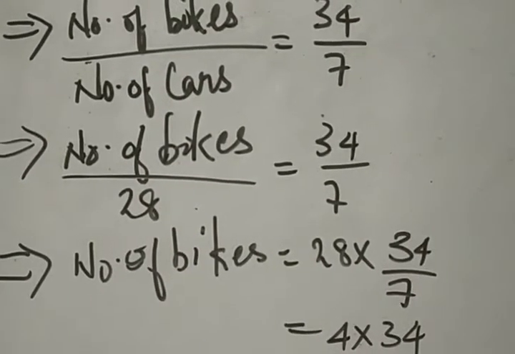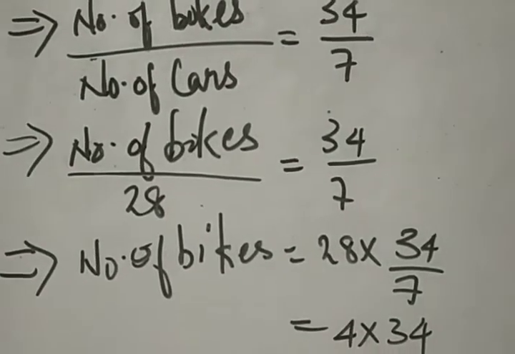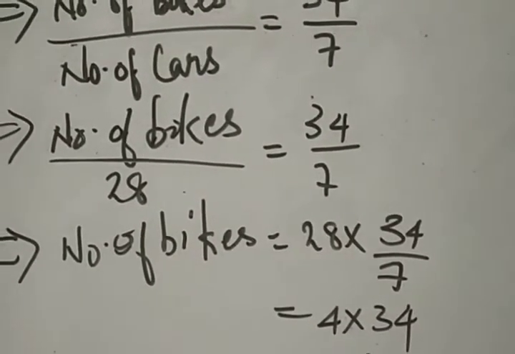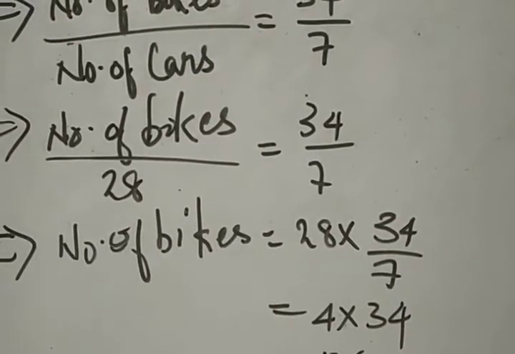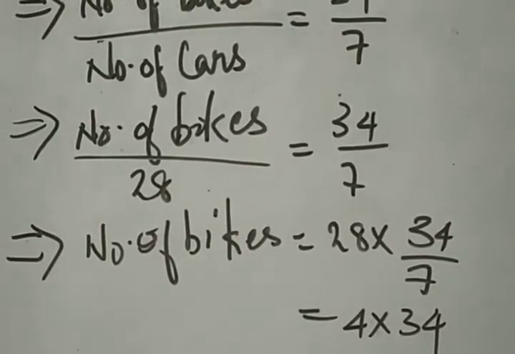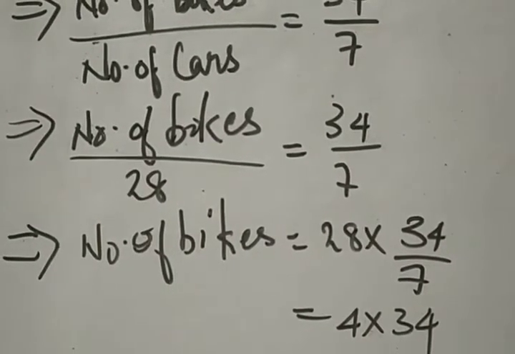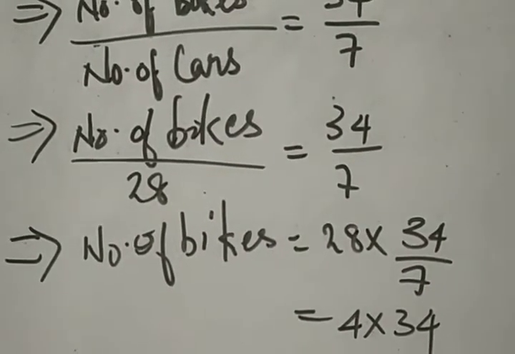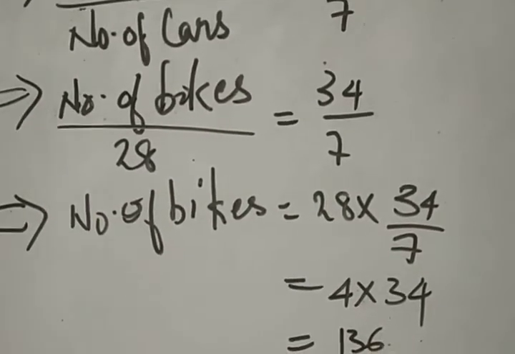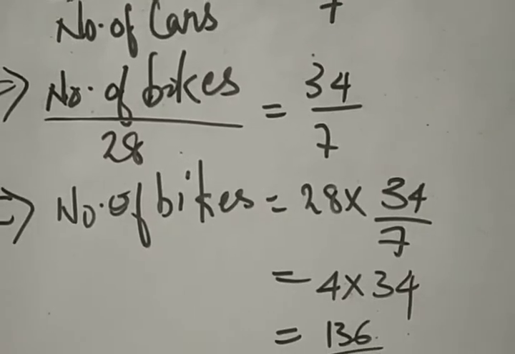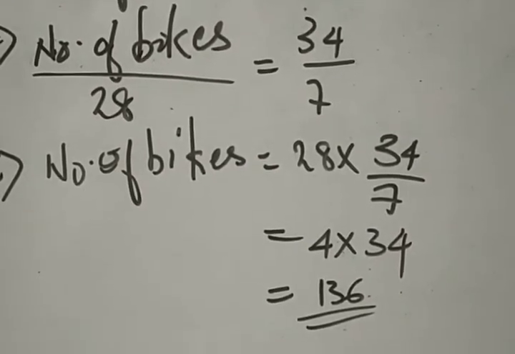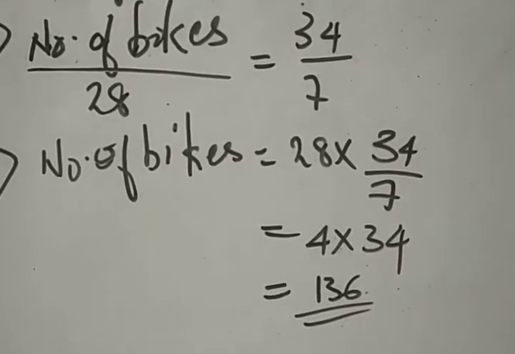So 28 when I take to the right hand side will become 34/7 multiplied by 28. Now 28/7 is 4. So 4 into 34 is 136. So in that parking lot there are 136 bikes.